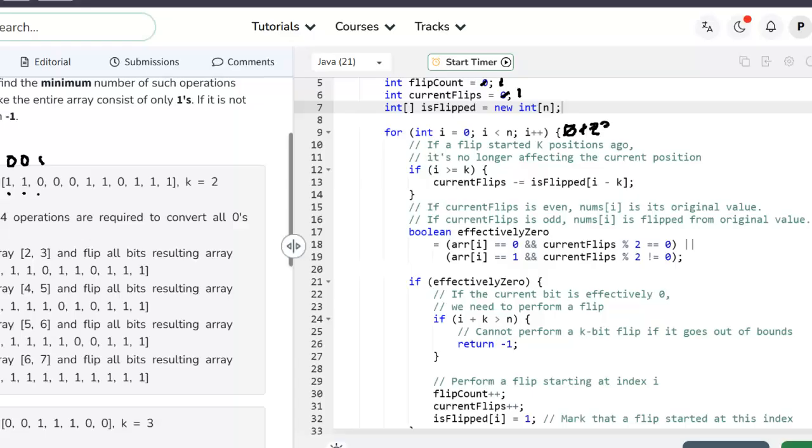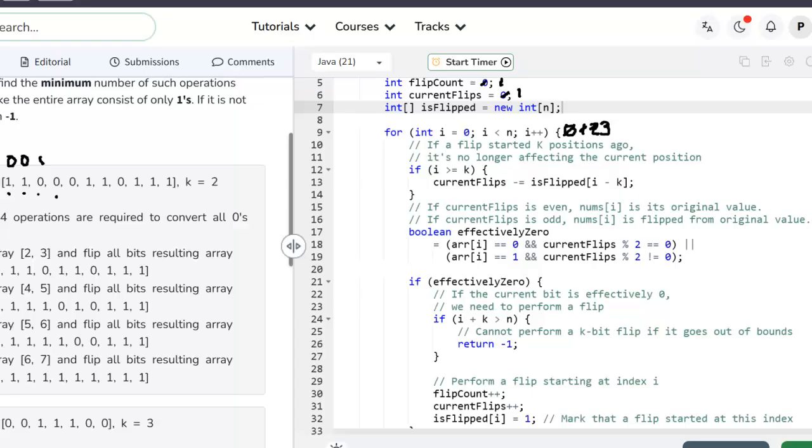Now we are on index 3. All right, is this effectively 0? Actually, it's not. It looks like a 0, but the number of current flips is 1. So it does equal 0, but current flips mod 2 does not equal 0.